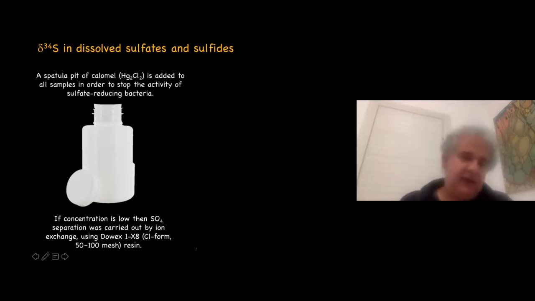In the case that you want to do sulfur isotopes in sulfate when it's at very low concentration, let's say rainwater, you need to pre-concentrate the sulfate by using an ion exchange resin like this one that is reported.